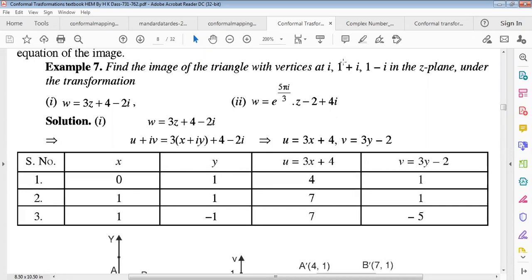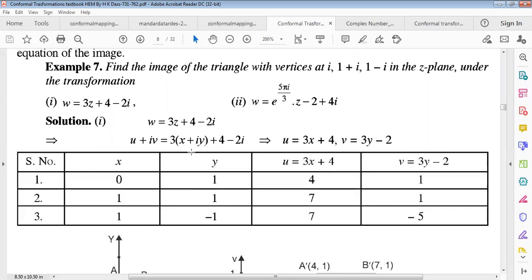Similarly, for the second complex number, 1 is the real part x and the imaginary part is also 1. In the third complex number, the real part x equals 1 and the imaginary part is minus 1.